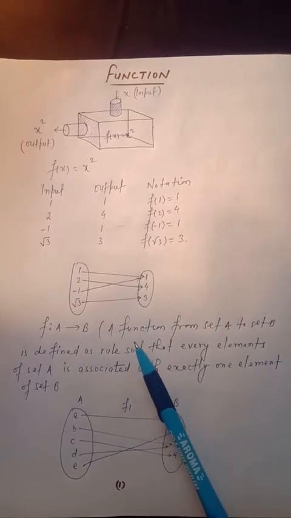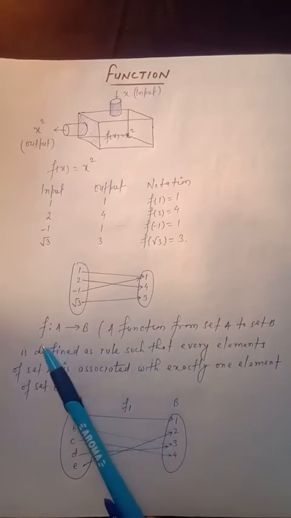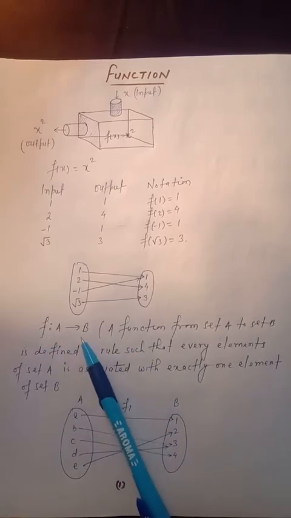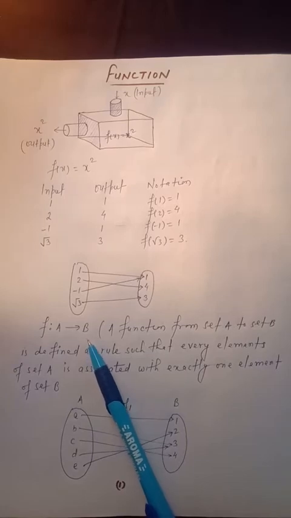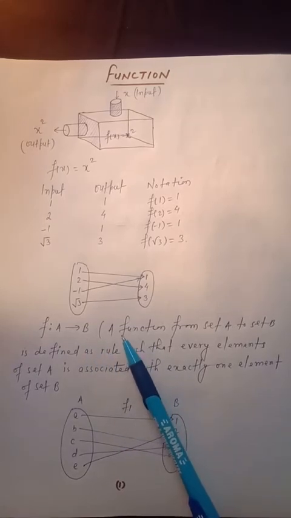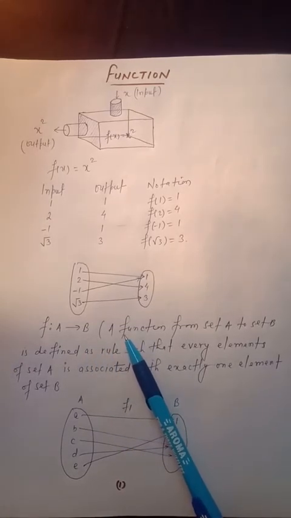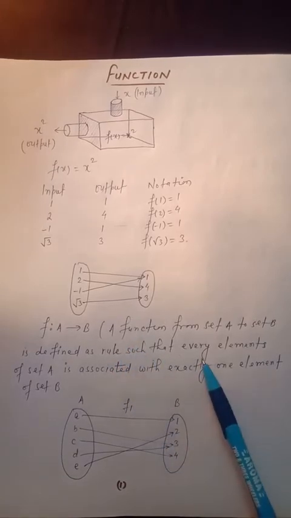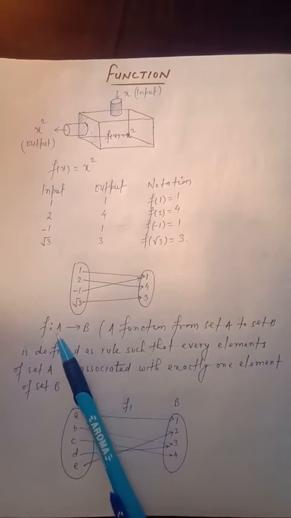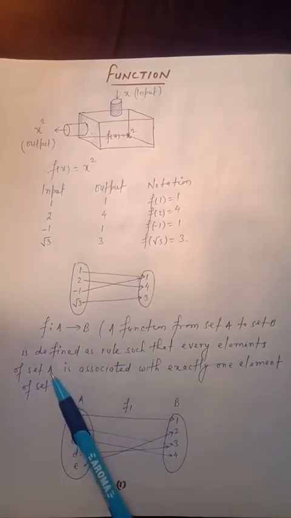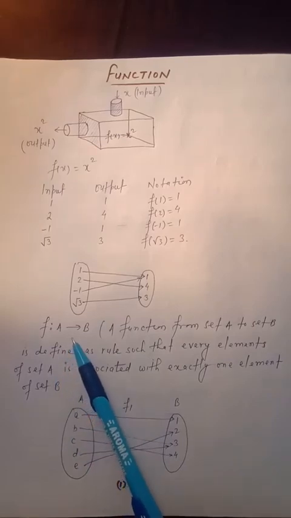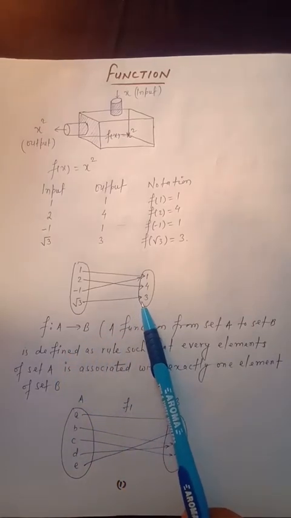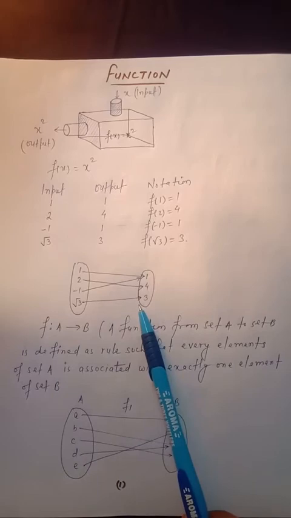So the proper definition of function is that if a function is defined from set A to B, then this function is a special type of relation, or a special rule, such that every element of A is associated with exactly one element of B. Then only it is a function.